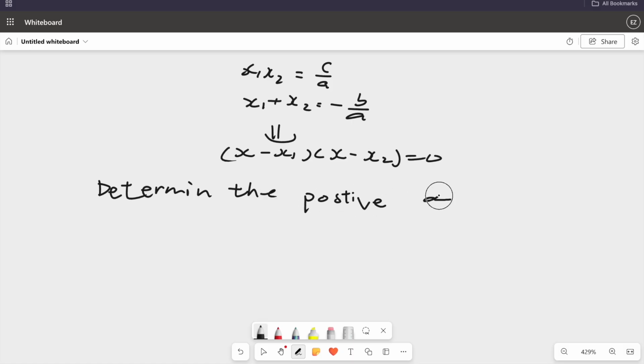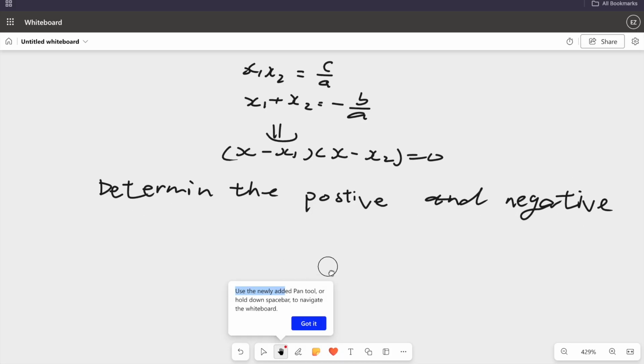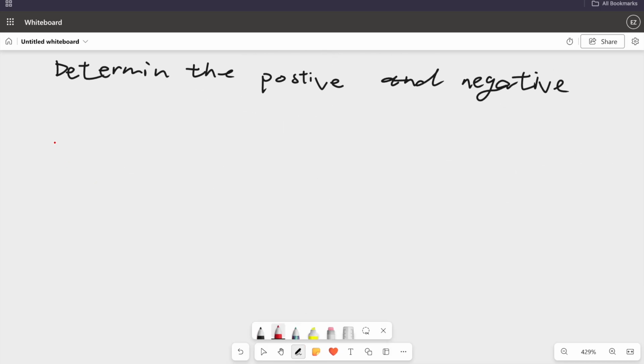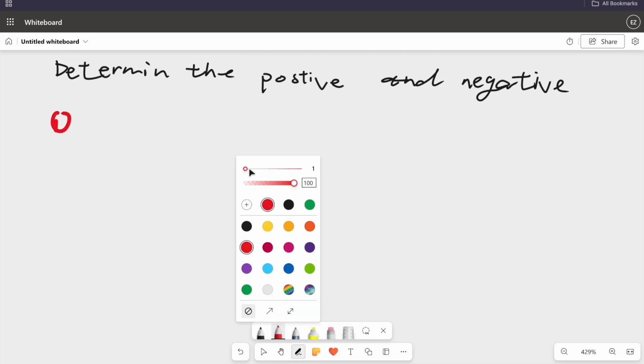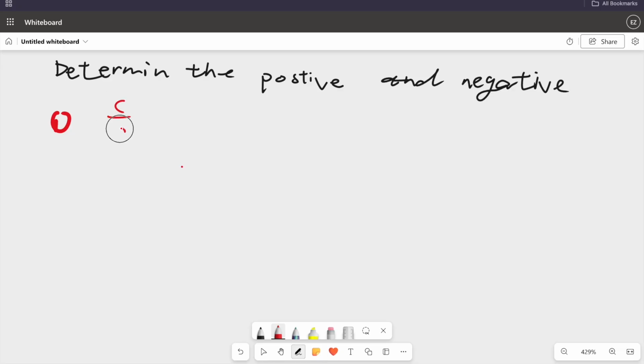negative of two roots. For example, here are our two cases. First case is where c over a, this product, is bigger than 0.